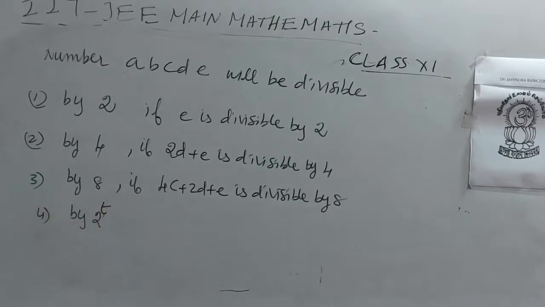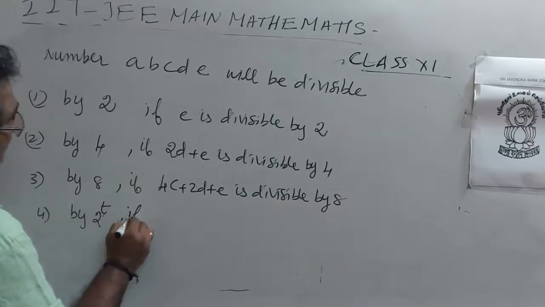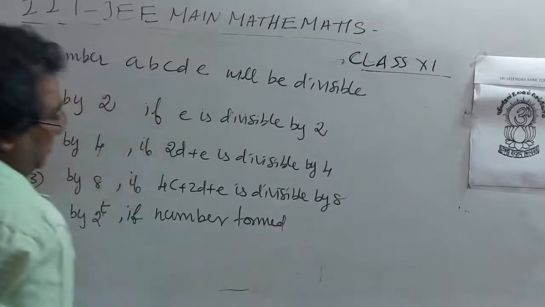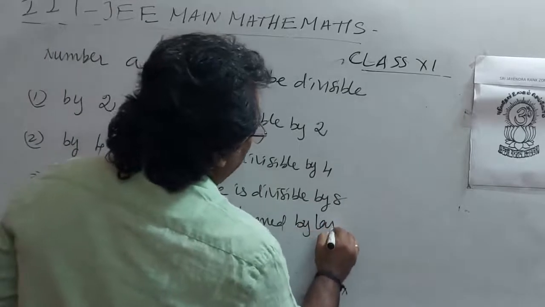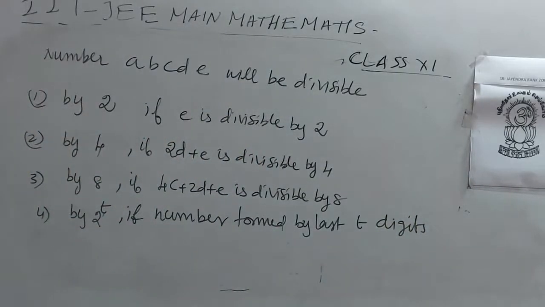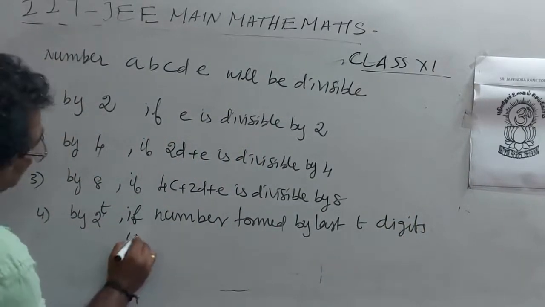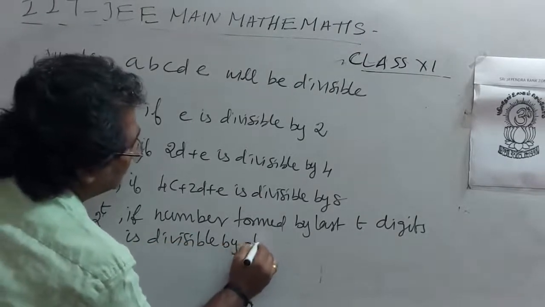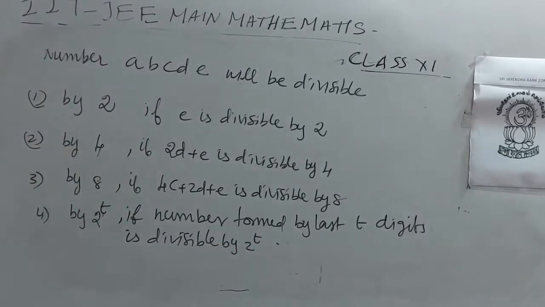By 2 power t, if the number formed by the last t digits is divisible by 2 power t.